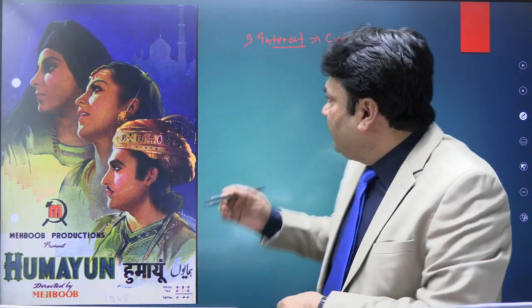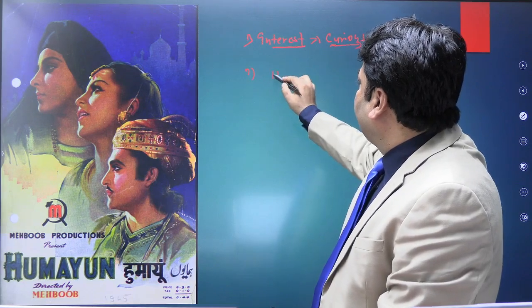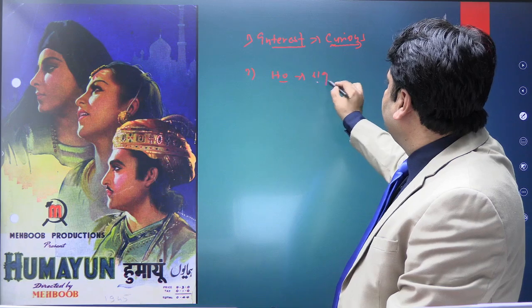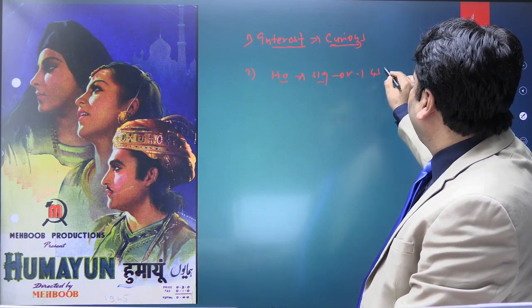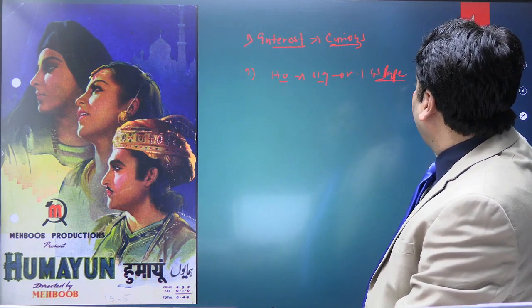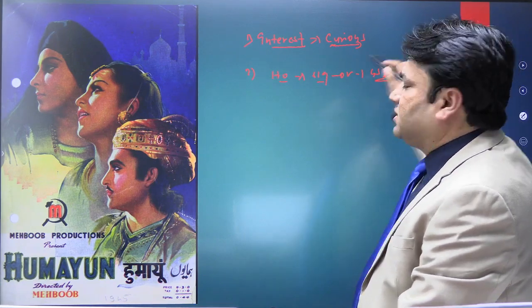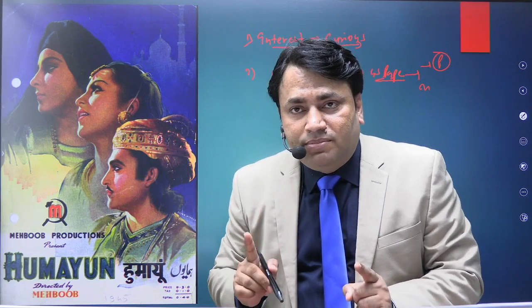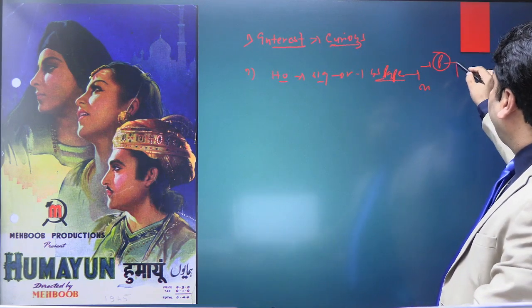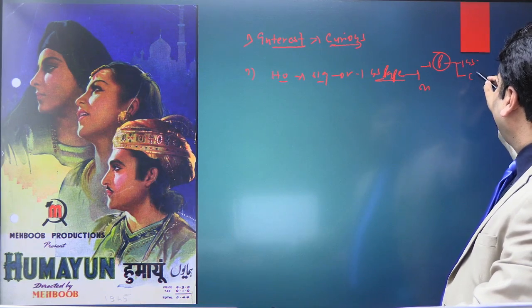And now the third and most important criteria is, whenever we are choosing an optional, we should take one thing into our mind, and that is overlap with the general studies papers. When we talk about the history optional, we see it has significant overlap with the GS papers, not only in mains but in the prelims exam also. In prelims there are two papers, GS paper 1 and CSAT.